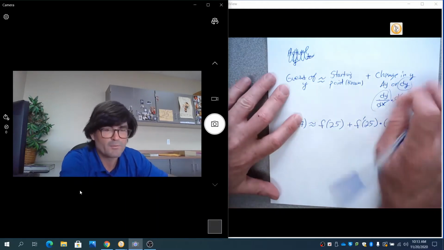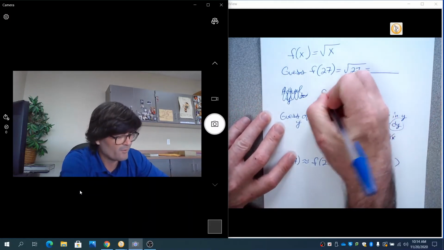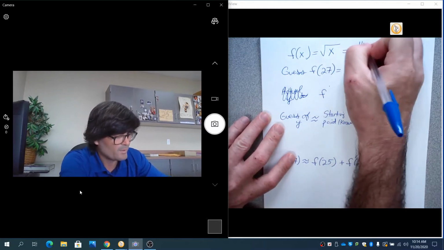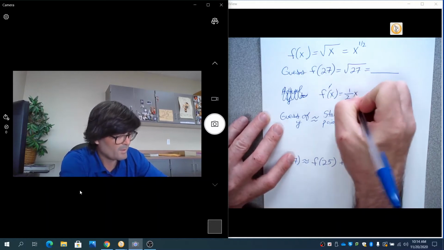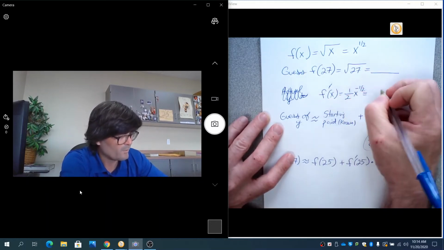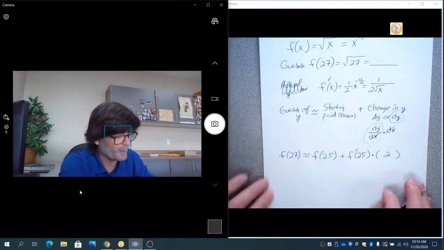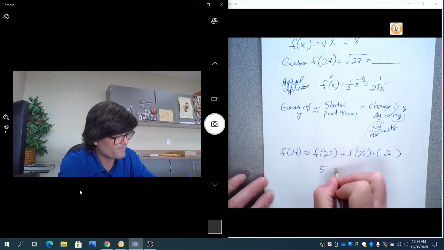We need the f prime of 25 of the square root function. So f is x to the 1/2. So f prime of x is 1/2 x to the negative 1/2, which is 1 over 2 roots of x. So f of 25 is 5.